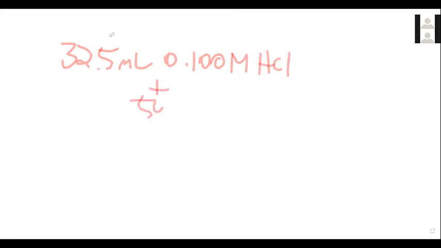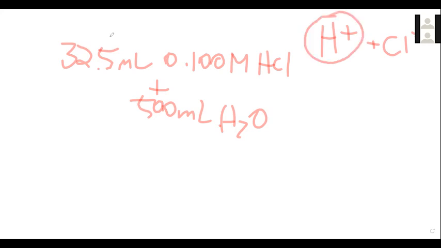Of water. Okay, so what do we need to determine first? We know that HCl is a strong acid, so any HCl I have is immediately going to get converted to H plus and Cl minus in solution. If I have a 0.1 molar HCl solution, it means I have 0.1 molar H plus and 0.1 molar chloride ions.